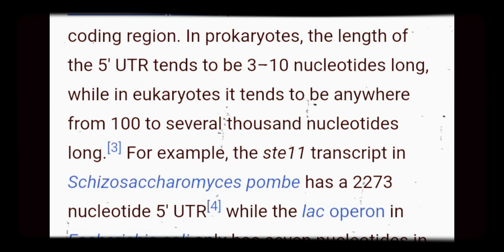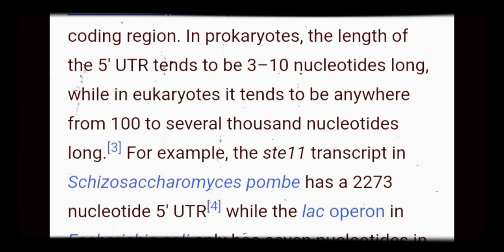The prokaryotic 5' UTR is very simple, and it has a ribosome binding site, the Shine-Dalgarno sequence. In eukaryotes it is much more complicated because they have an upstream open reading frame within this 5' UTR. It can be from 100 to several thousand nucleotides.